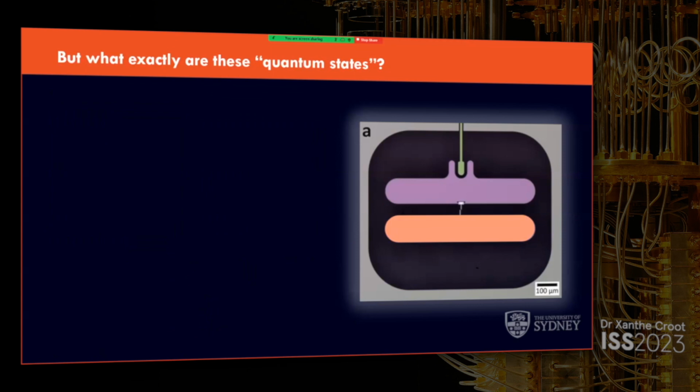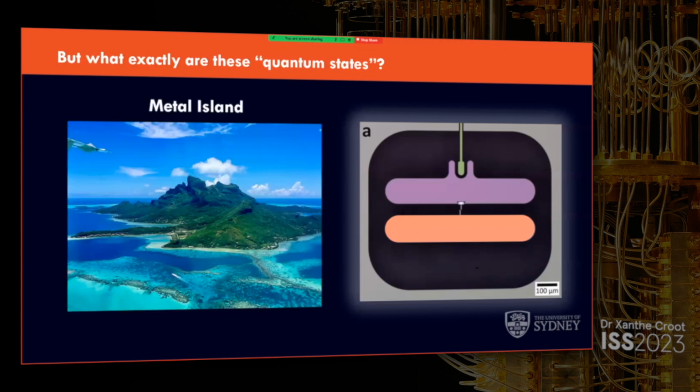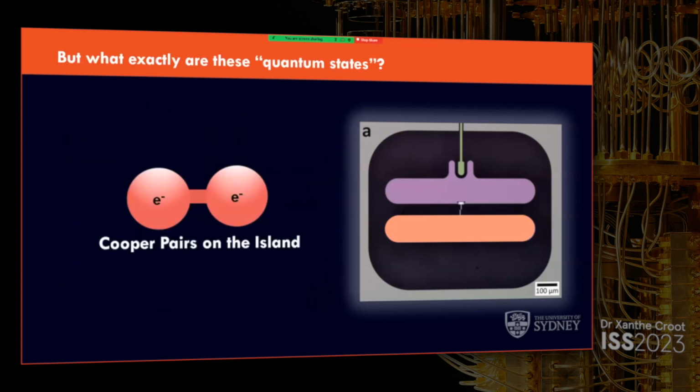To understand that, I'm going to paint a picture of an island. This is our transmon qubit, which has the circuit diagram from the previous slide. I'm going to say that this big chunk of metal here, which is really just one side of the capacitor, is like an island. In fact, it's a metal island. And I'm going to define the quantum states of this system as the number of Cooper pairs that I have on the island.